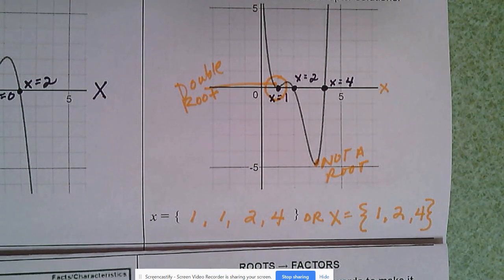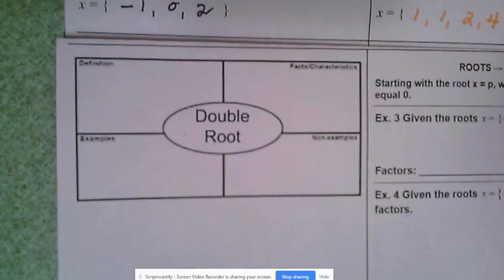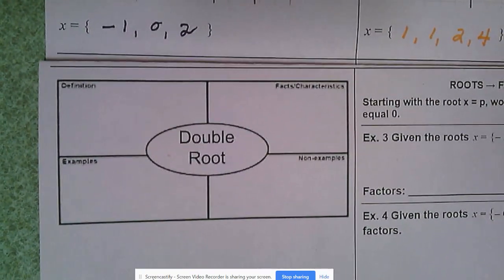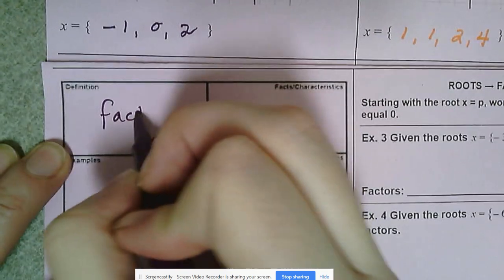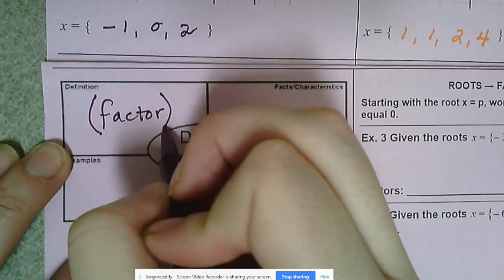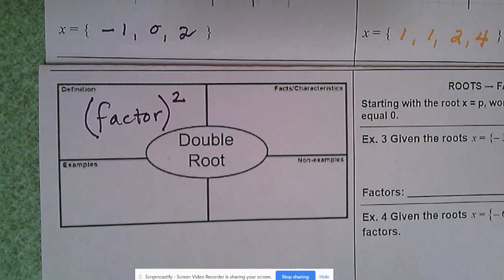Okay, so let's put those things about double roots a little bit more specifically. We'll put them in this graphic organizer over here. All right, so double roots, when we're looking at them in an equation, look like a factor that has been squared. If you think back to the quadratic parent, it sits there at the origin.